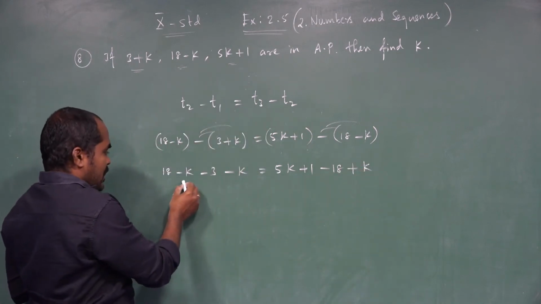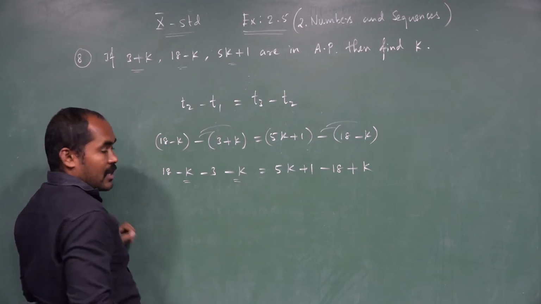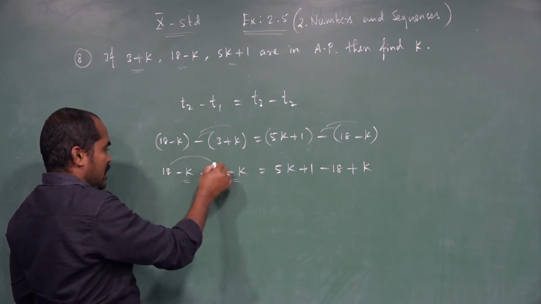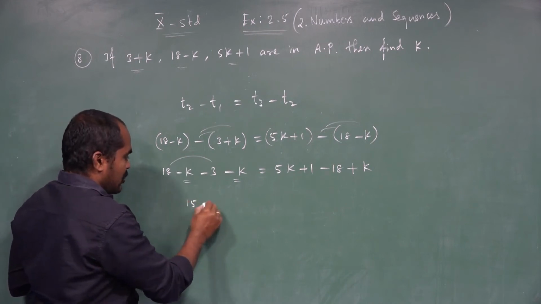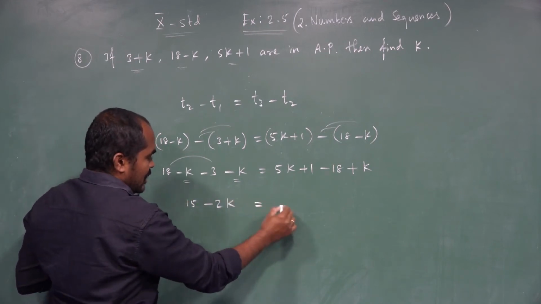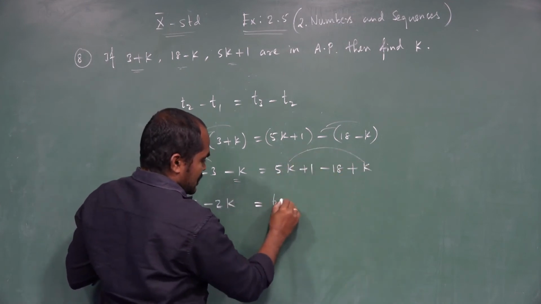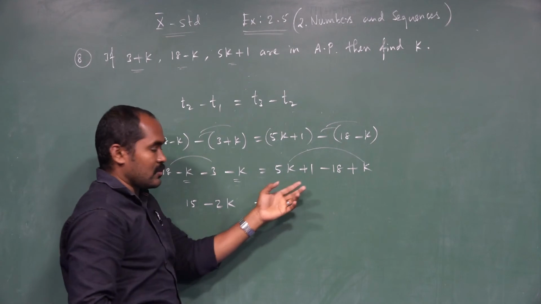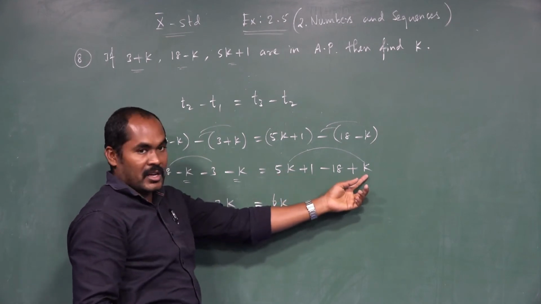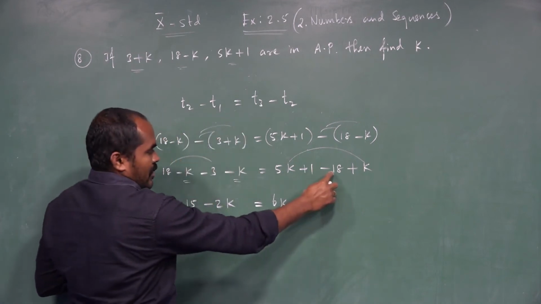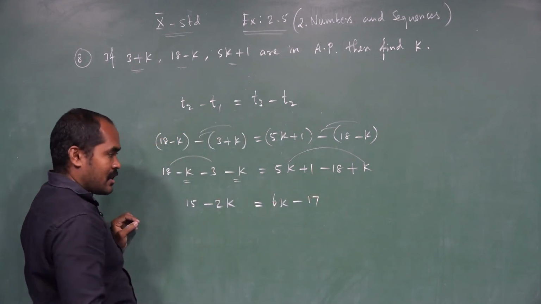Minus k and minus k are like terms. 18 minus 3 is 15, minus 2k equal to 5k plus k is 6k, and 1 minus 18 is minus 17.